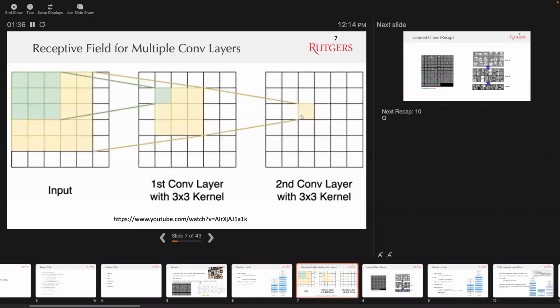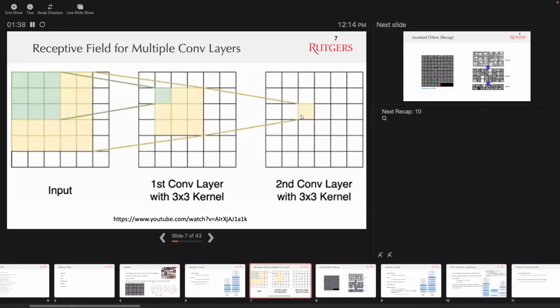We also briefly talked about the concept of receptive field, right? And this concept will appear again today. If you pick one pixel in your first layer, the receptive field is 3 by 3.